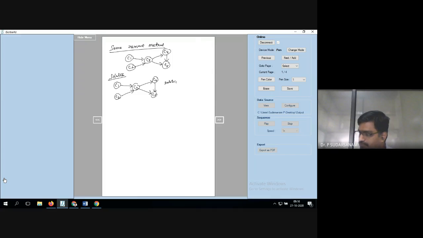I don't have time, so I'll write the solution directly. C2, C3, C4, C5. Any doubt with this? First step is what I've done, delete C1. Delete C1 is nothing but you will be deleting that particular node, write the remaining vertices and edges.